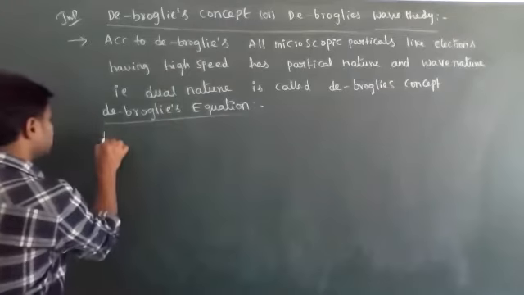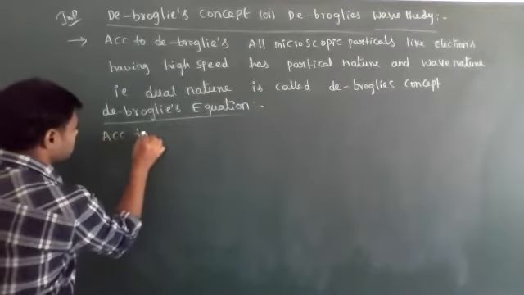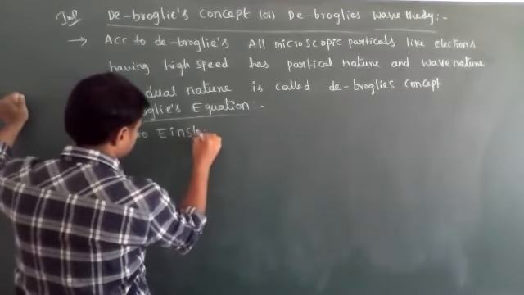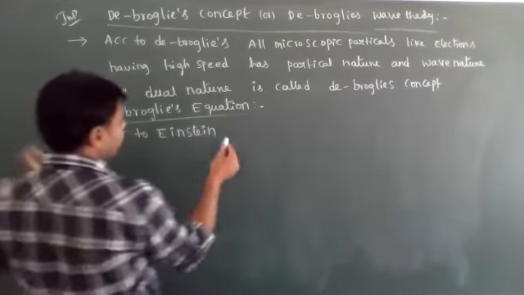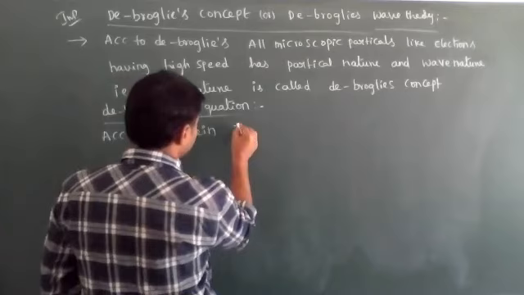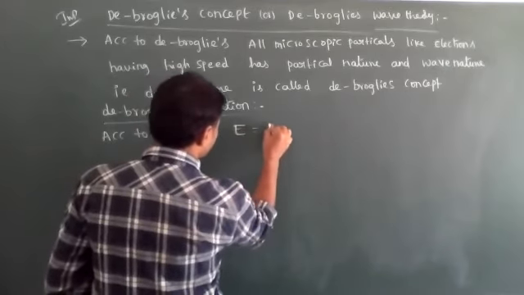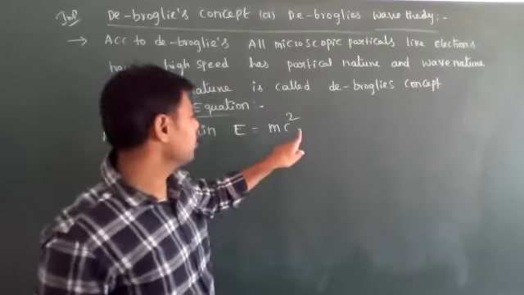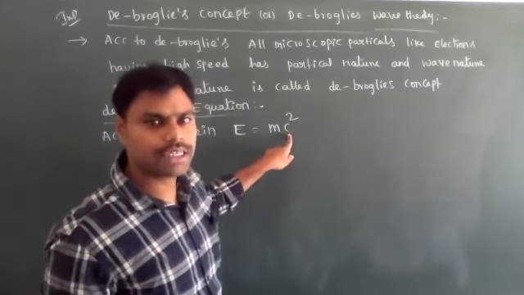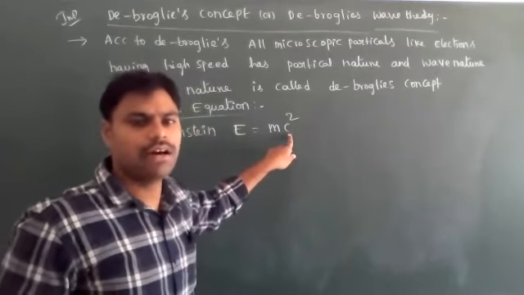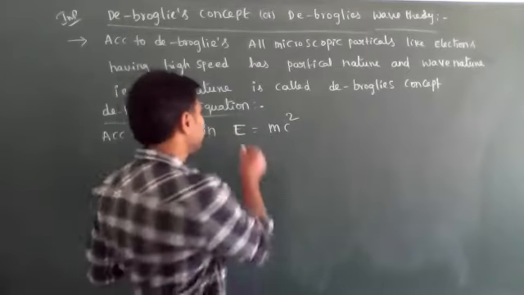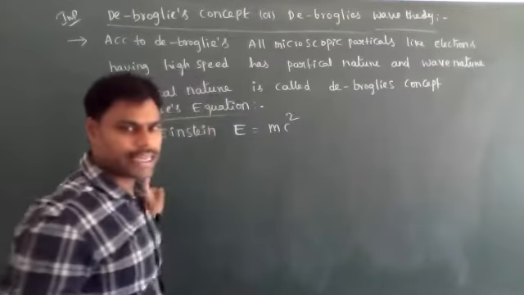So according to Einstein, we know very well that Einstein proposed that energy E is equal to mc square: mass into c, the velocity of light. Any particle can have energy.